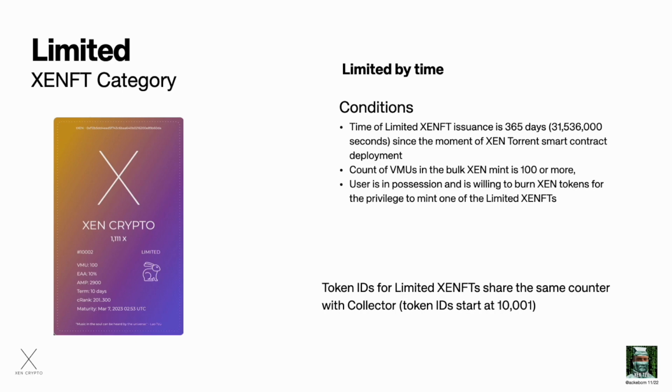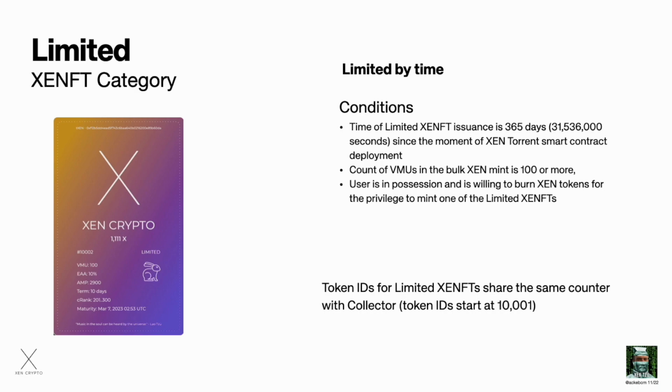Then we have the Limited XENFT category, and unlike the Apex category, it's not limited by the number of tokens issued, but rather limited by time. The condition for a Limited XENFT issuance is that you issue them within 365 days from the deployment of the Xen Torrent smart contract.